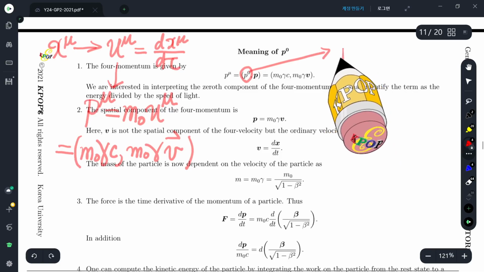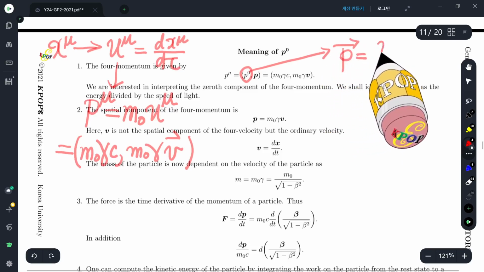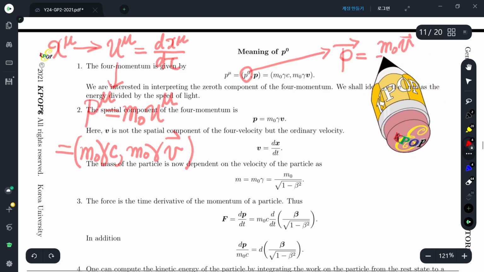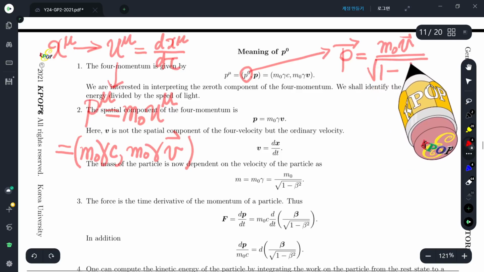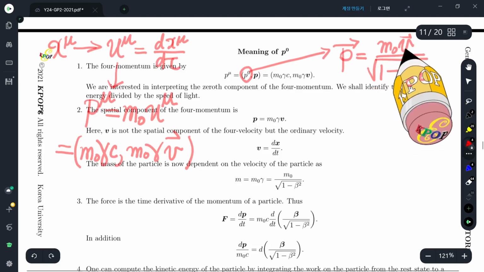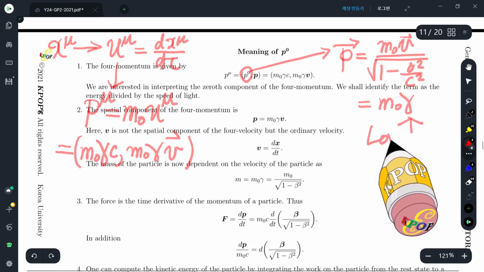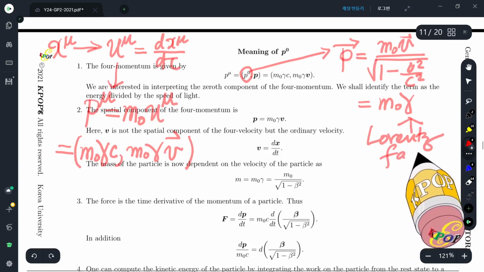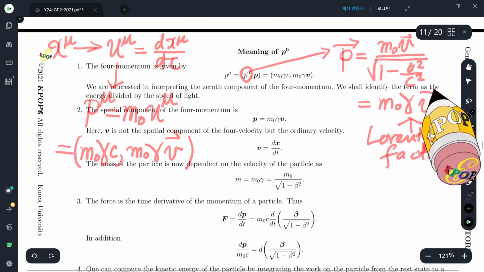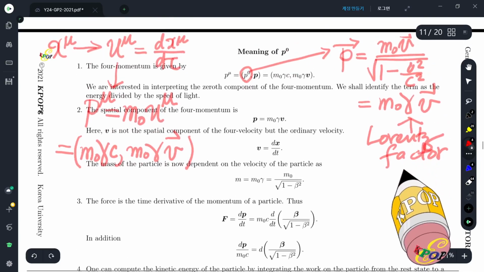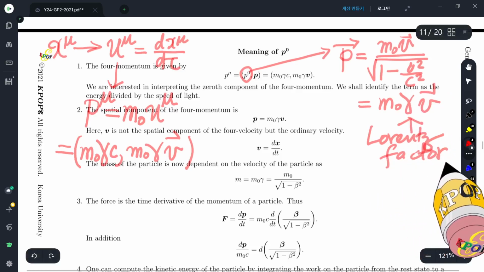The spatial component p vector was m0 v vector divided by square root 1 minus v squared over c squared, and the presence of the Lorentz factor plays a crucial role: even if we pour whatever amount of energy into a massive particle, the mass of the particle grows with the Lorentz factor.